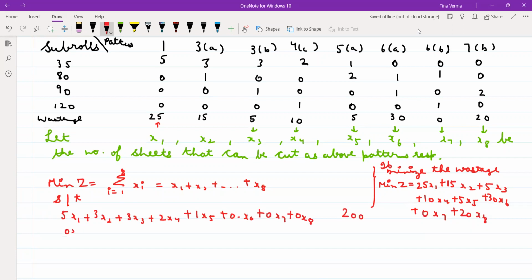This is 0 into X1, 80 centimeter rolls plus 1 into X2.